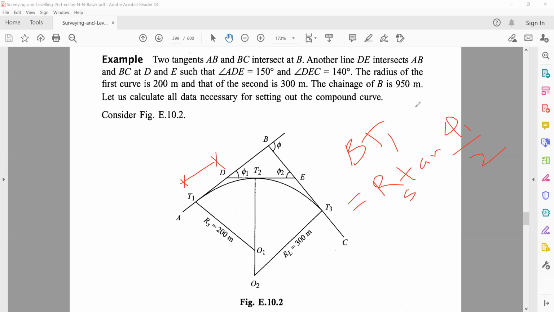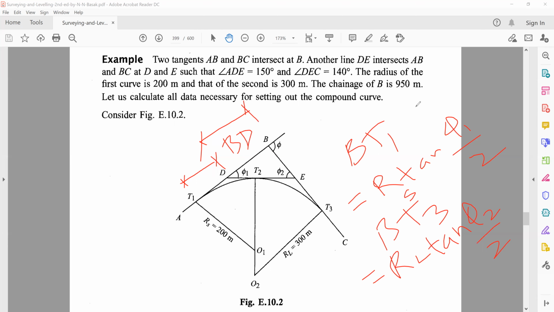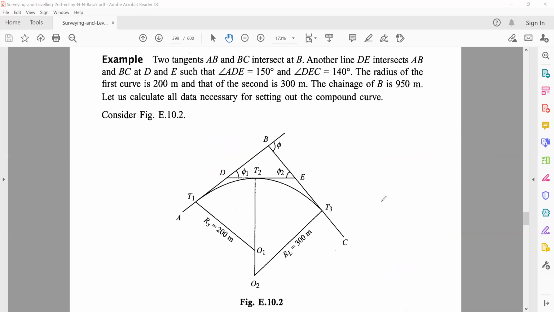This is the tangent length, and to that we need to add this distance BD. And if you remember, we had an equation to calculate BD. So just replace the values and you would get that. And similarly, for the tangent length BT3, that would be the radius of the longer curve into tan phi 2 by 2, like we did before. And then you'll have to calculate this distance BE using the same procedure or the equation that we had before.